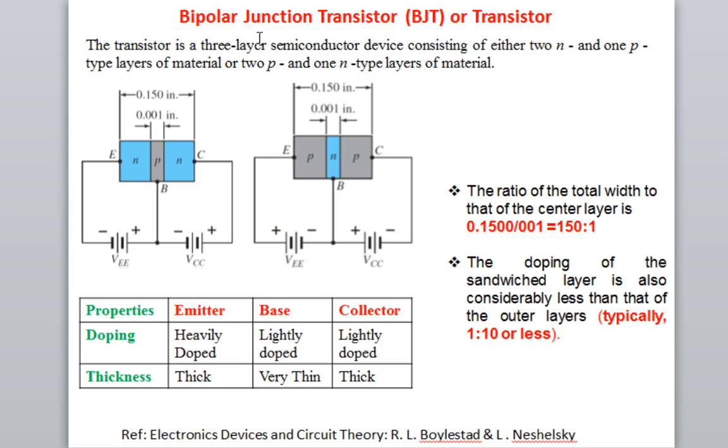Junction means we have a junction in the transistor, like we have a PN junction in a diode, but it is quite different. In a diode you have only one PN junction, between P type and N type semiconductor, but in a transistor you have two PN junctions connected back to back. That is why the name junction comes.